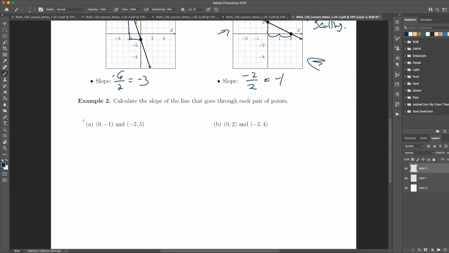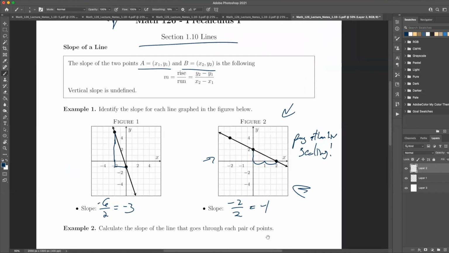Okay, so let's go over a couple of these. We're going to calculate the slope of a line given points. We'll call this x1, y1, just to label it, and this x2, y2. When I'm done with this page, I am definitely going to save this and throw it away because it's getting crunchy.